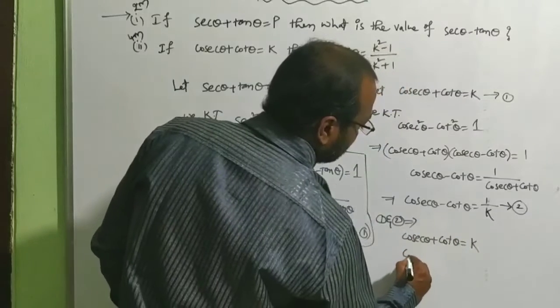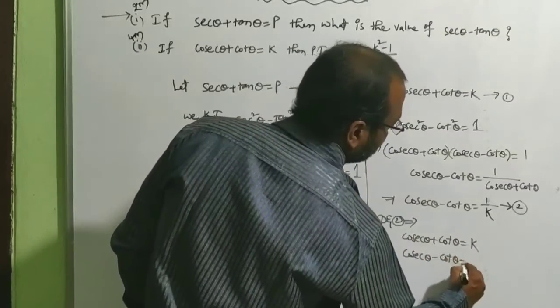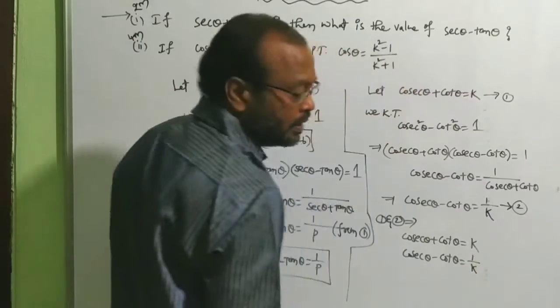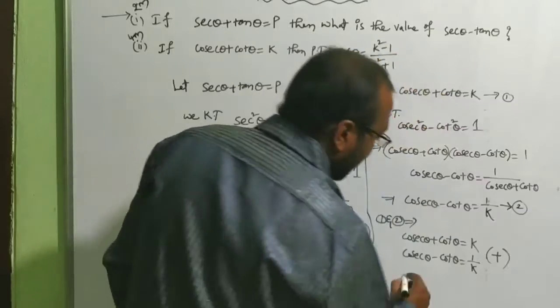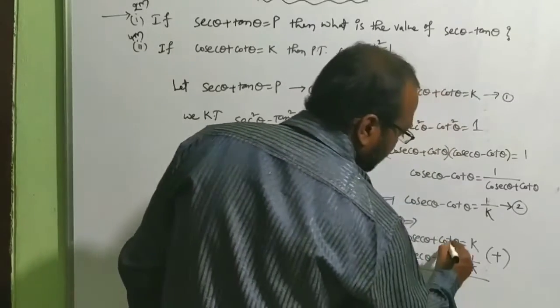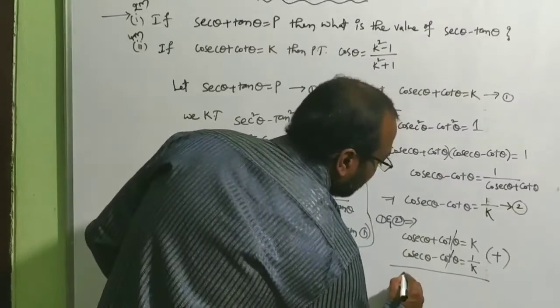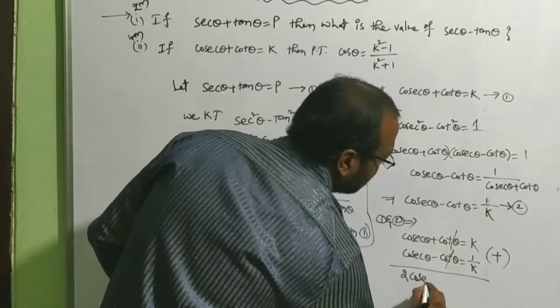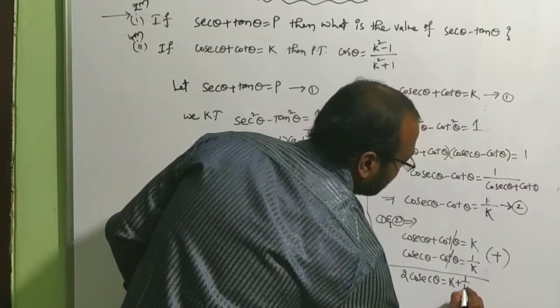And second equation, cosec theta minus cot theta is equal to 1 by k. First, we will add these two equations. If we add, then cot theta and minus cot theta get cancelled. We can get 2 cosec theta is equal to k plus 1 by k.